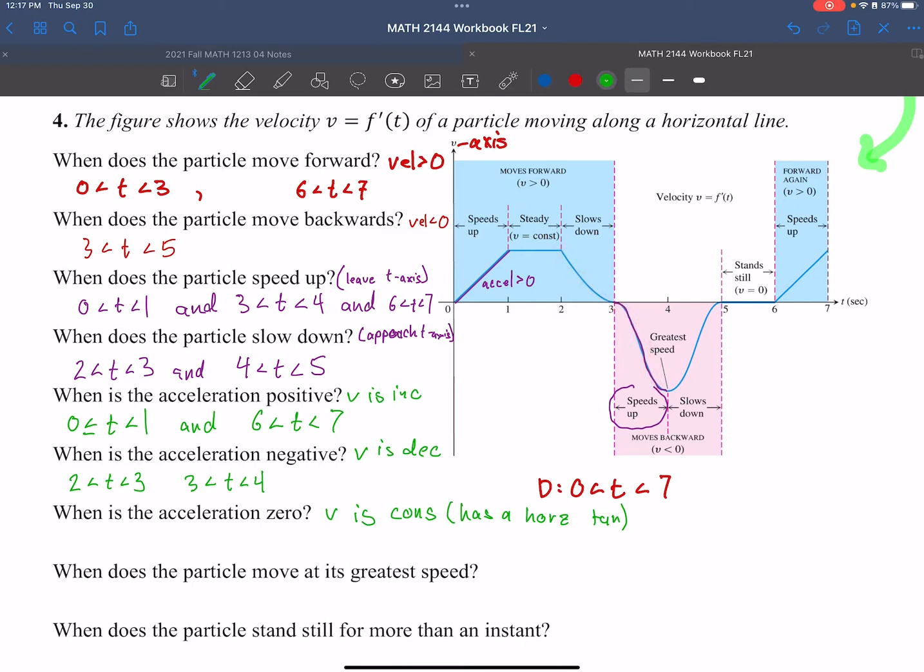So this might be the answer that will trip you up. That's the right place you're looking. But remember, at t equal to 3, there still is a negative acceleration, because it's slowing down here, and it's now going to be reversing the direction.